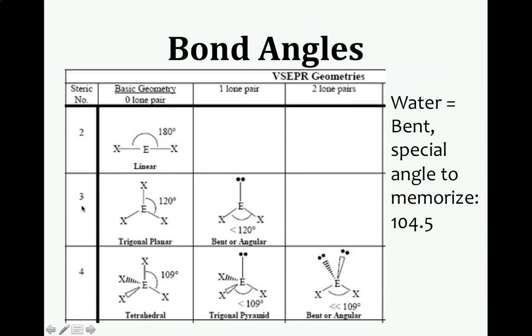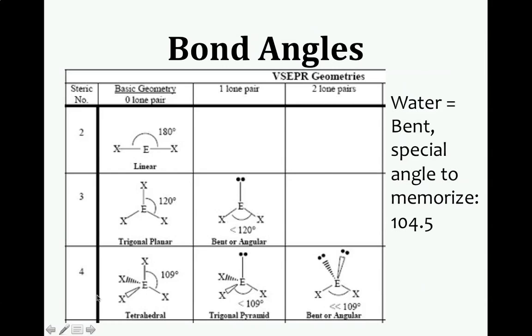Now when I have 3 electron clouds but only 2 of them being bonds, we call that bent. Sometimes we call it angular, and sometimes we also call it V-shaped, depending on where you're looking. That's going to be less than 120 degrees because that unbonded electron pair is going to push those bonds closer together. So that unbonded pair does more pushing than the electron clouds that are bonds. So it'll be less than 120 degrees.